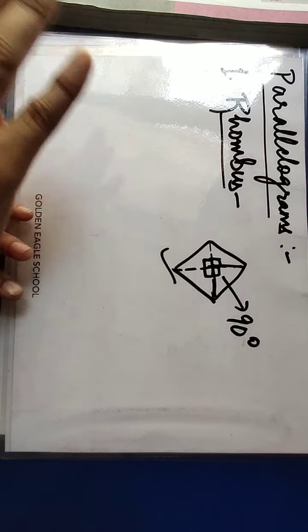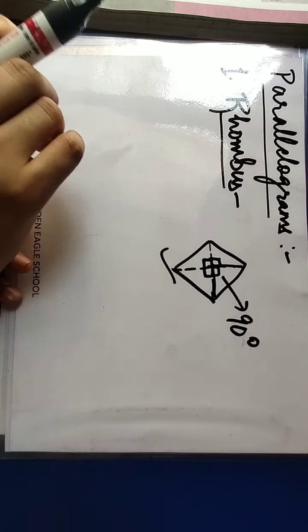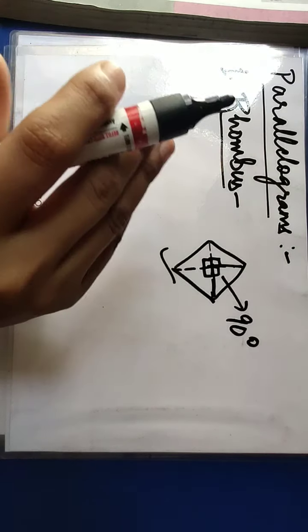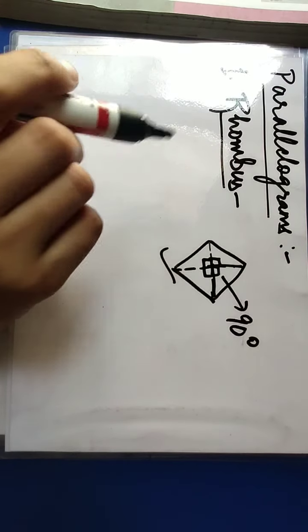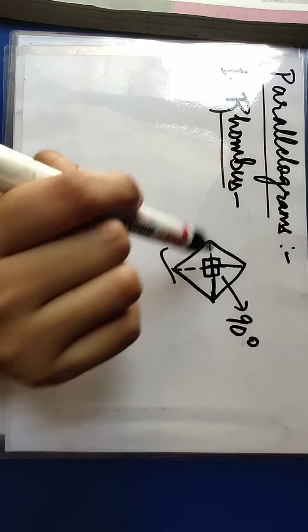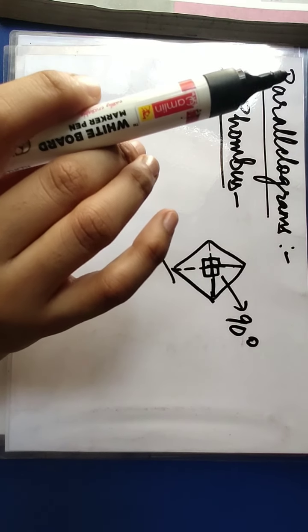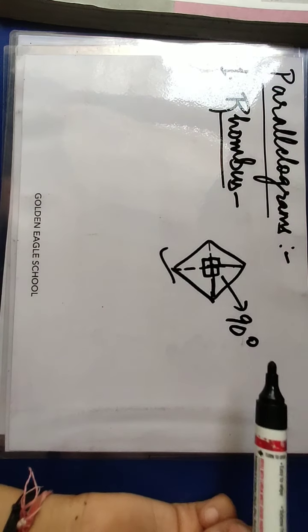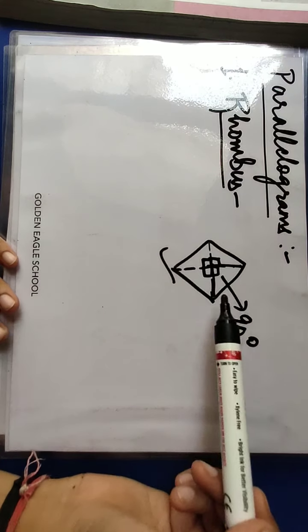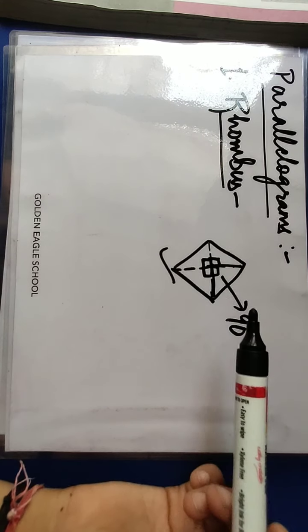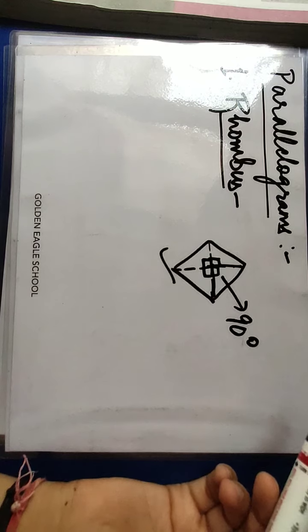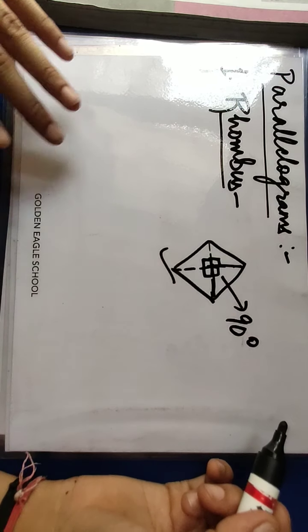The rest of the properties are like a parallelogram. This is the diagonals property of a rhombus: the diagonals will cut at 90 degrees and bisect each other. So let us take an example.